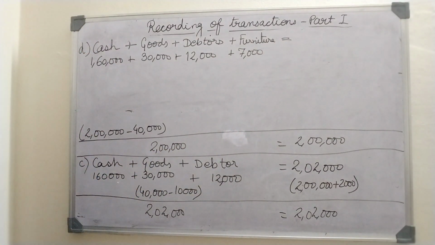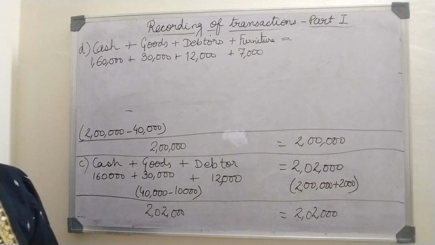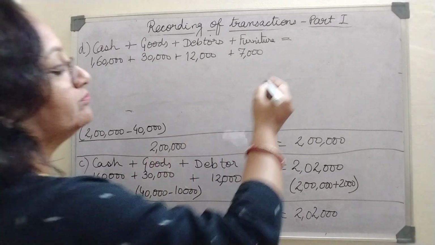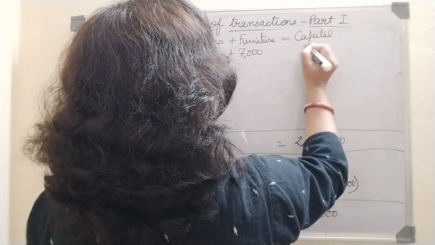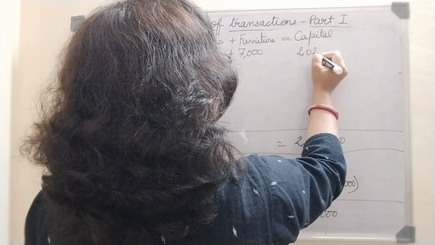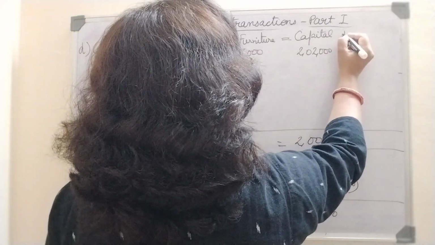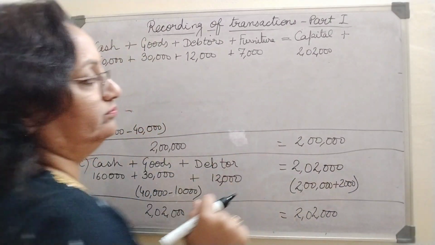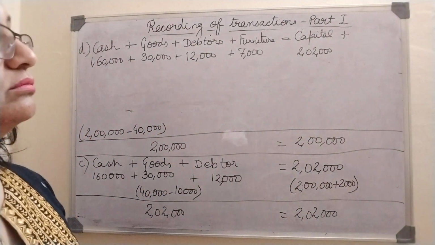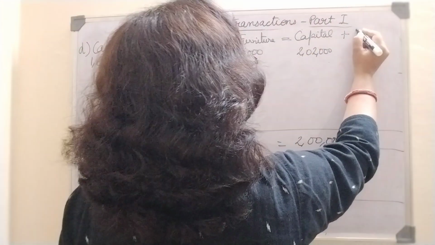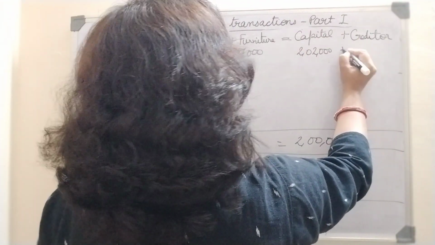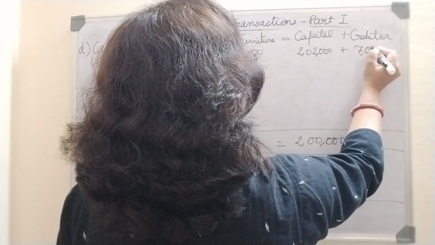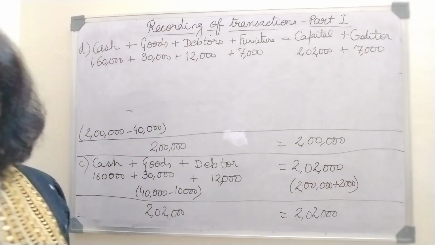Is equal to, now my capital was how much? 2,02,000. Now my creditor has increased. Creditor is for how much? 7,000. Right?